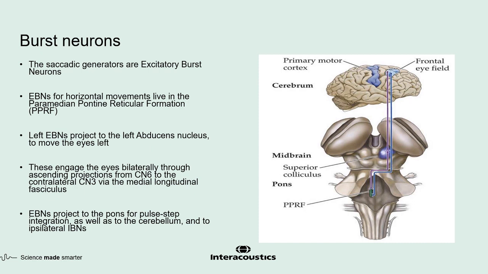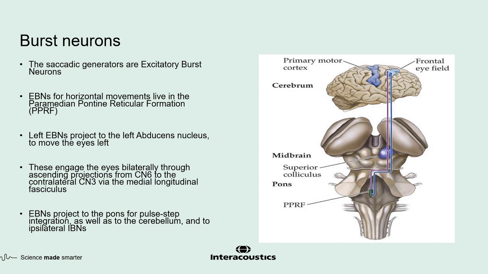So left excitatory burst neurons project to the left abducens nucleus, and this moves the eyes left. Then these engage the eyes bilaterally through ascending projections from cranial nerve 6 to the contralateral cranial nerve 3 nuclei through the medial longitudinal fasciculus, and that allows the left eye to move to the left as well. Or, I'm sorry, that allows the right eye to move to the left.